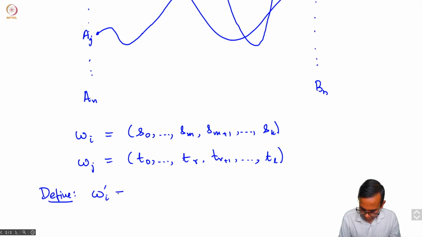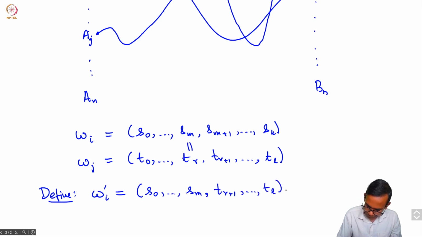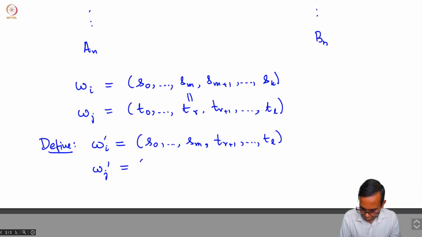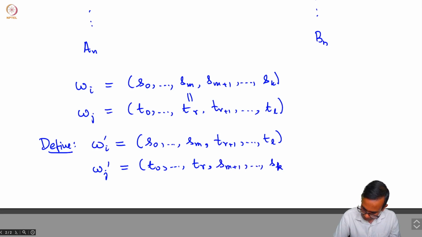Now define omega prime I to be the path S0 up to Sm, but after Sm, which is equal to TR, it goes to TR plus 1 up to TL. And define omega j prime to be T0 up to TR, and then after that it goes to Sm plus 1 up to Sk.